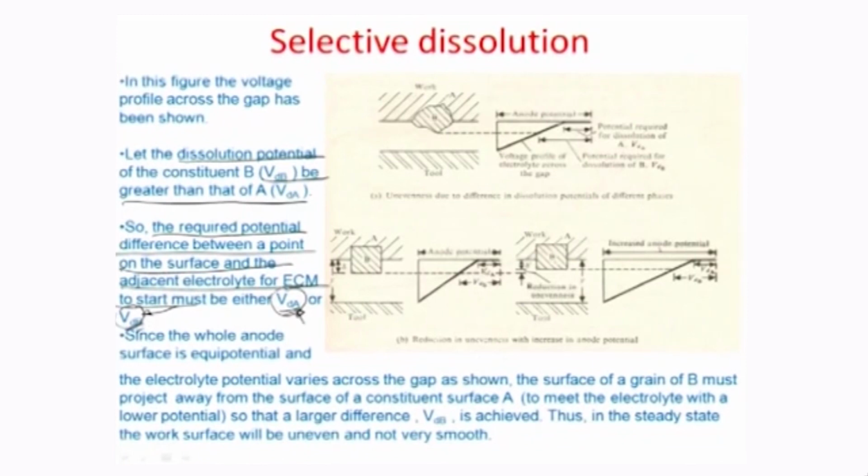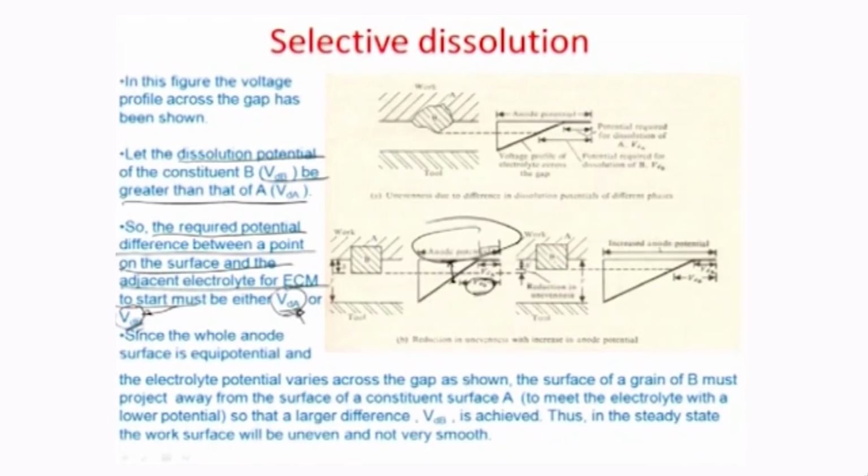Now, what is interesting here is to see that because VdA is lower than VdB, VdB is always, let us say, the anode potential, and this much amount is corresponding to the potential drop. Okay. So, the amount of available anode potential equal to VdB would be only at a certain distance away from the anode. Okay, it cannot be near the anode.